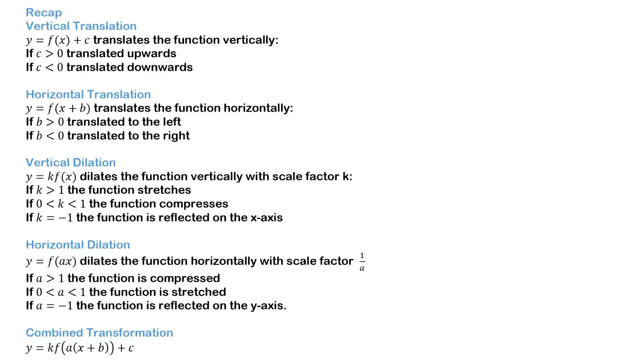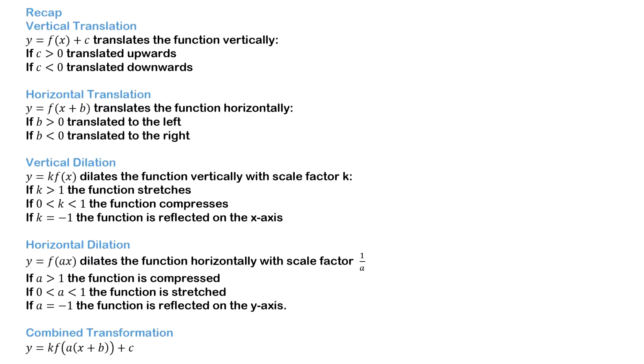We also have vertical dilations, where it's given by your k value. If k is greater than 1, the function stretches. If it's between 0 and 1, it compresses. If you have a negative scale factor k, it's reflected on the x-axis. We also have horizontal dilations, which are your a value, and it has a scale factor of 1 over a.